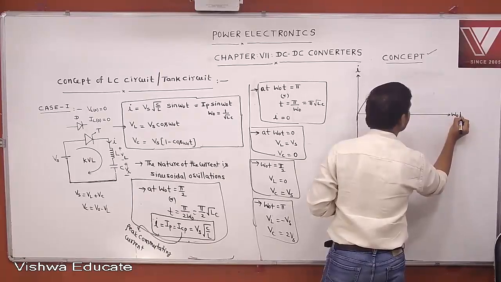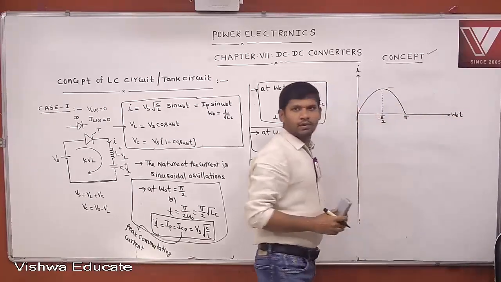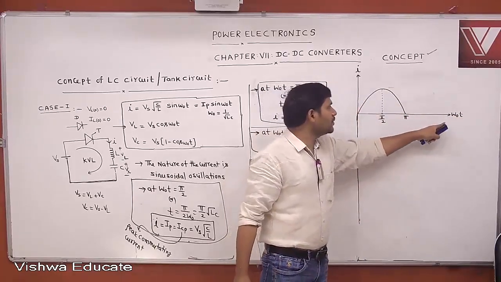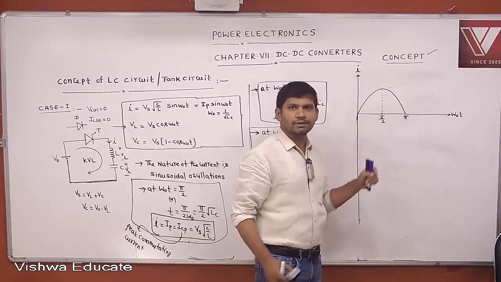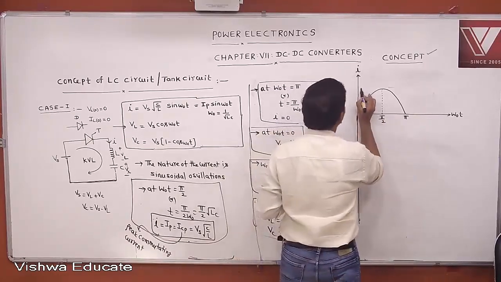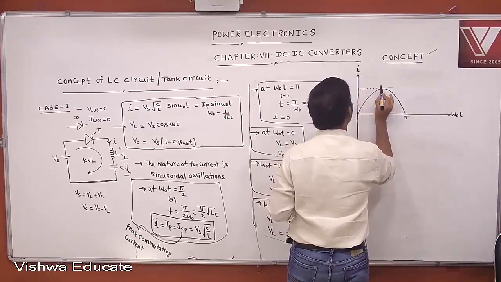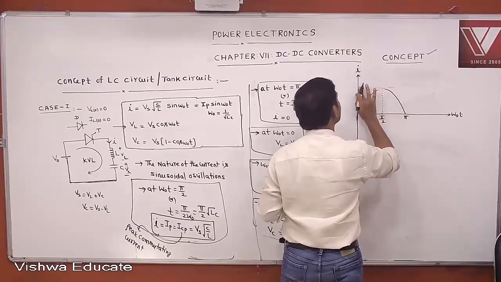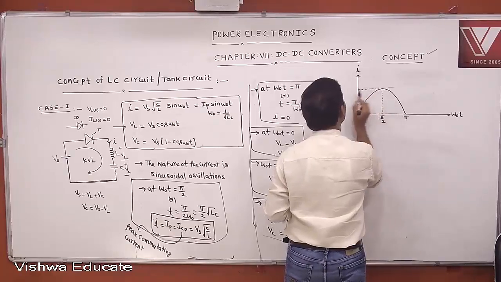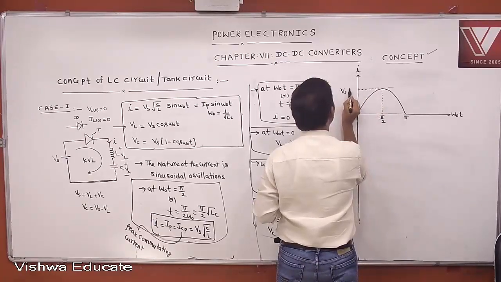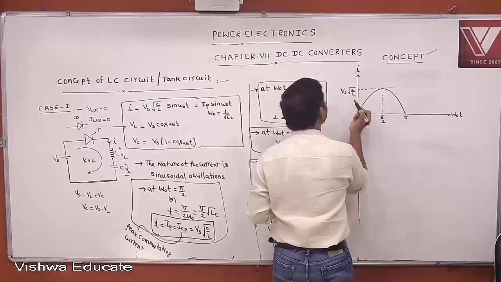This I am writing in terms of omega naught t. If you draw these waveforms with respect to t, here you take pi by 2 root LC, this is pi root LC. Then what is this maximum value? This maximum value of current is Vs into square root of C by L.